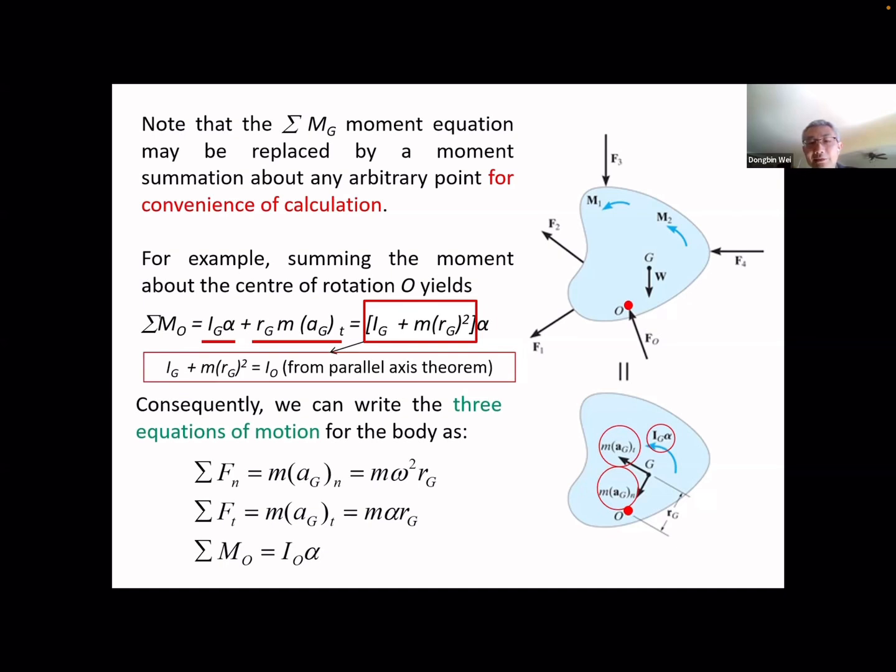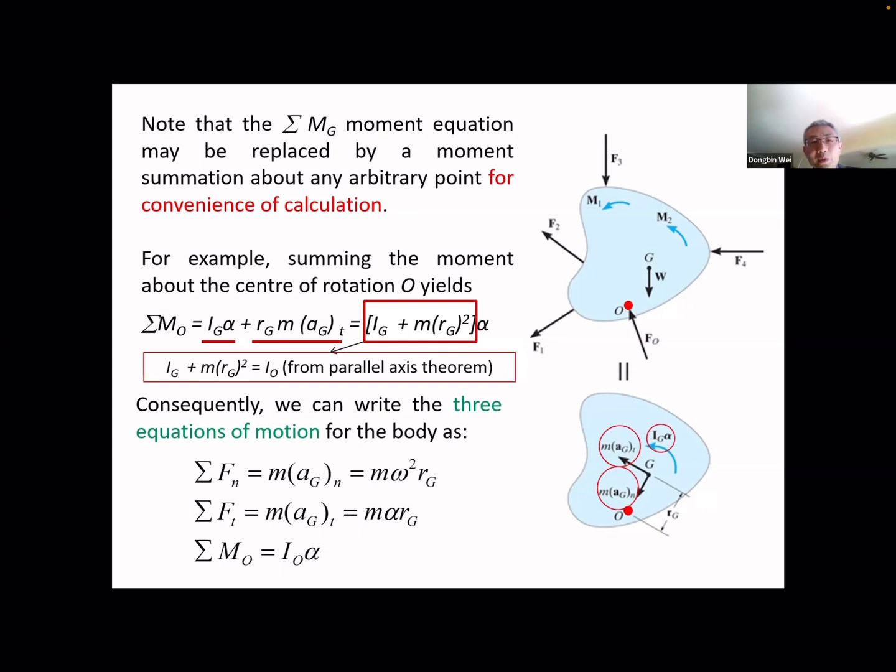For AGN about point O, the moment arm is 0. But for AGT, the moment arm is RG. So in this expression, you have two items. One is IG alpha, and another one is RG m AGT.